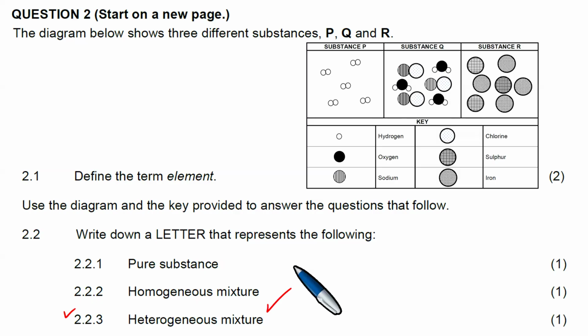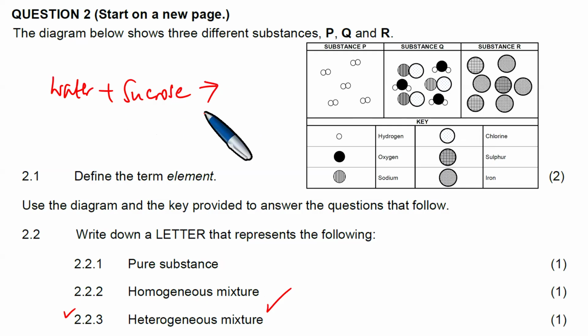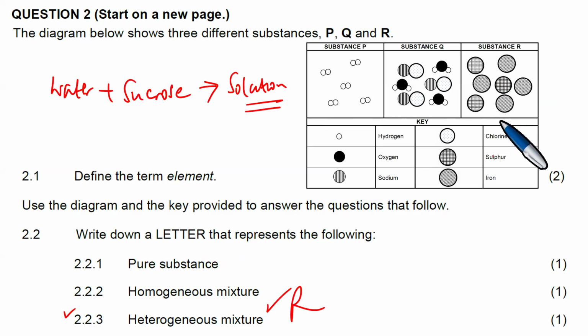It's not just like water plus sucrose, table sugar, where obviously you get a solution. It's not that. It is heterogeneous. So obviously at this point, that's going to be clearly letter R. In letter R, we are combining too many things.